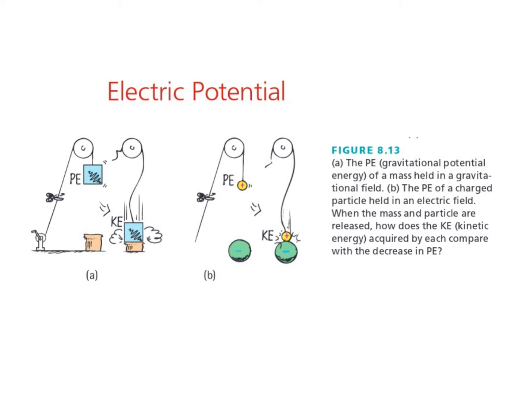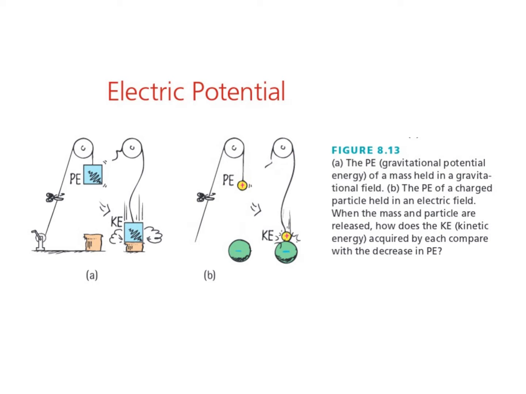It's the same idea with charges here. So here we have a negatively charged object, and these guys might have originally been close together, but I pulled on the string to lift this guy up using this pulley. So this positively charged object is being attracted, and as I do work lifting it up, I'm giving it potential energy. And if I were to cut that string, these guys would be attracted, and this potential energy would be converted into kinetic energy.